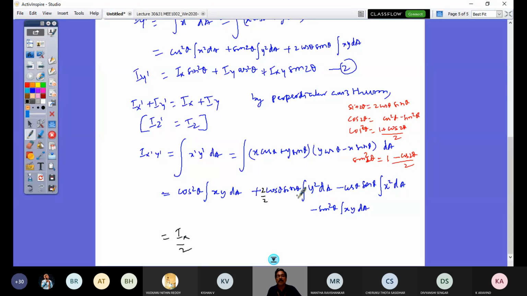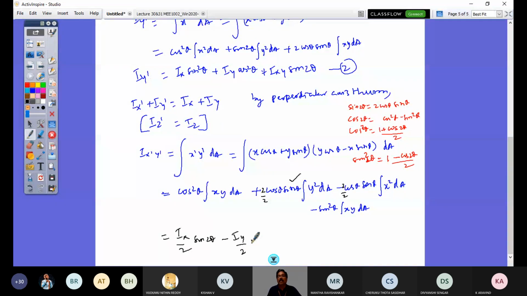This term is taken. Next, similarly x squared dA, so again I multiply by 2 and divide by 2, so this is going to be minus Iy by 2 sin 2 theta. So this term is also accounted.